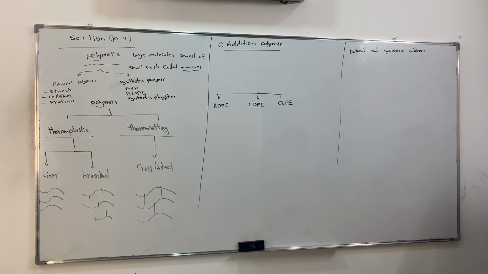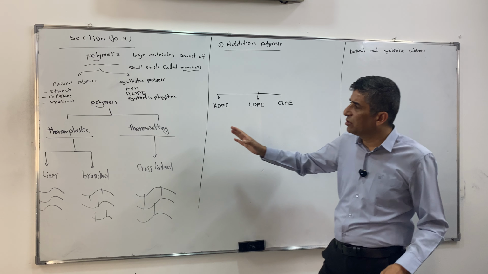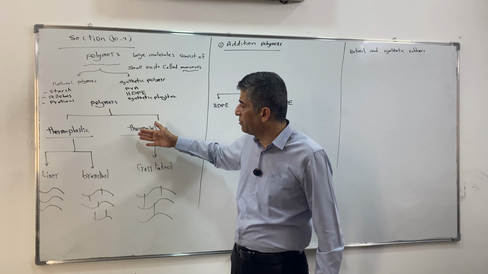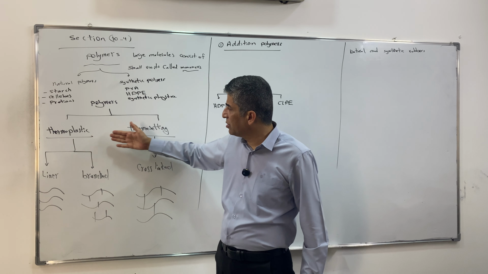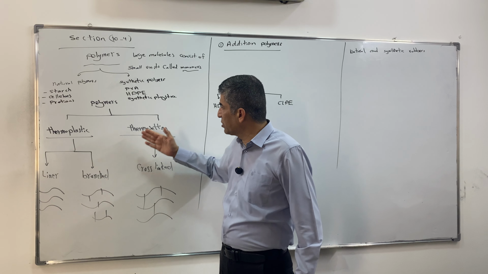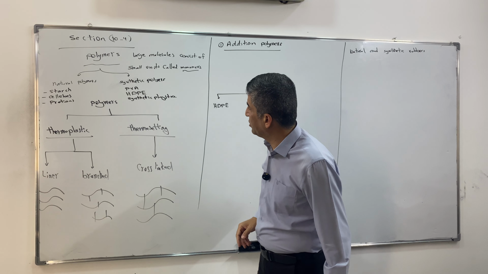Cross-linked polymers retain their shape when heated, and thermosetting polymers are this type of polymer. This means we have generally two types of polymers according to the effect of heating on their shape: thermoplastic and thermosetting. Thermoplastics are linear and branched, but thermosetting polymers are cross-linked.